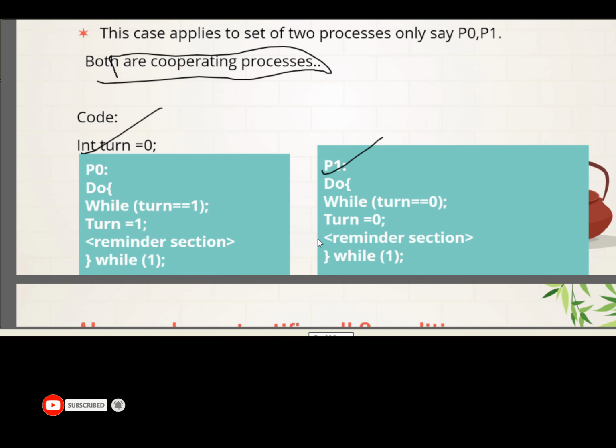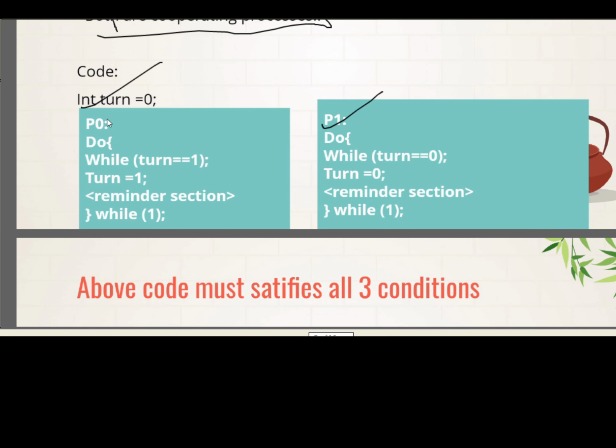This is the code, and the value of turn is the shared resource. What is the meaning of integer turn equals 0? It means the value will be either 0 or 1. If the value of turn is 0, then P0 enters its critical section, and when its value is 1, that means it is false for P0, and P1 wants to enter the critical section.